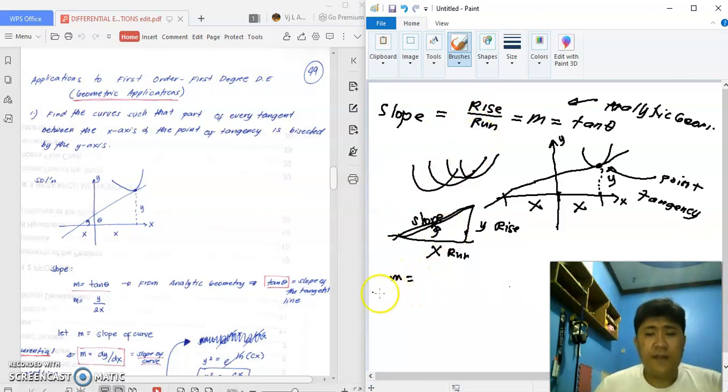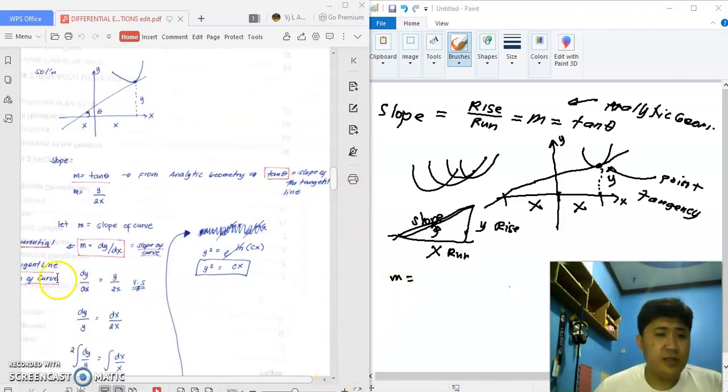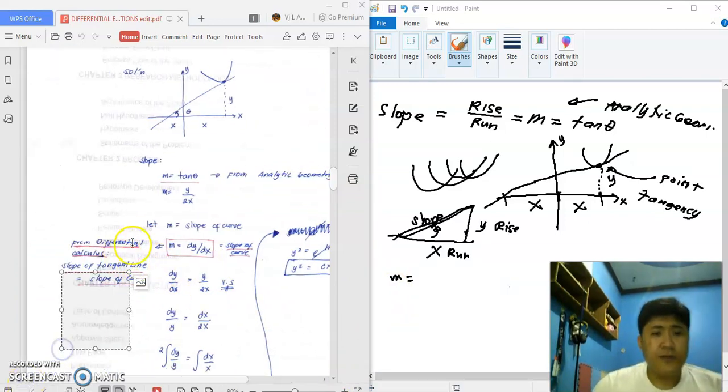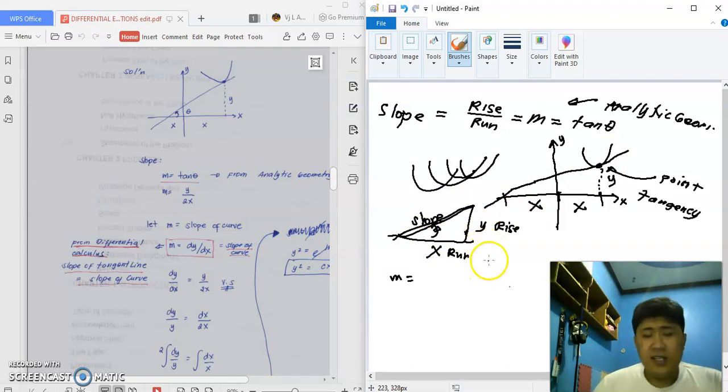But in differential calculus, if you still remember it, the slope of the tangent line is equal to the slope of the curve, which is equal to dy over dx, which is the rise over run.